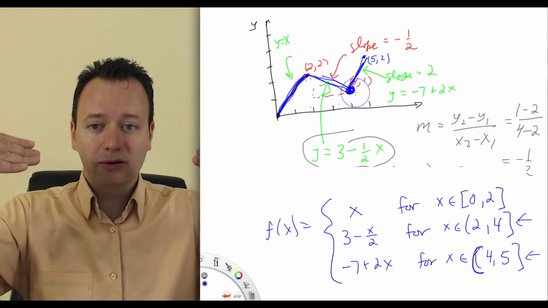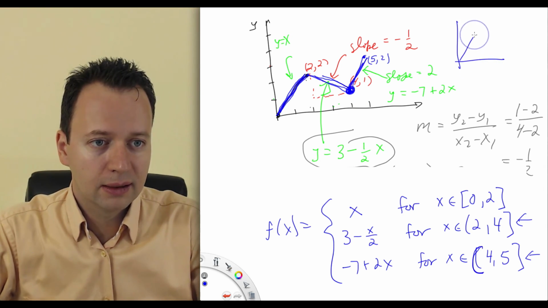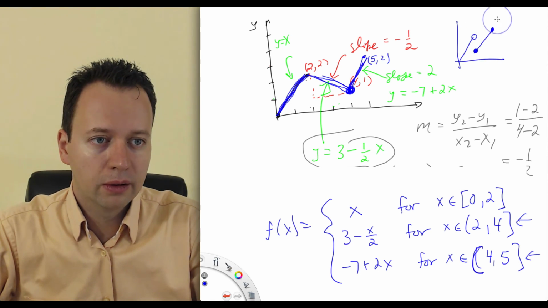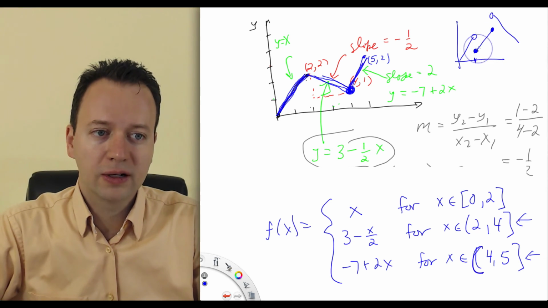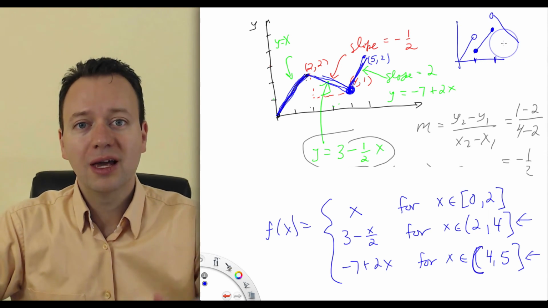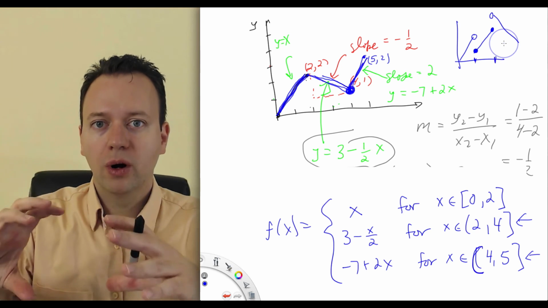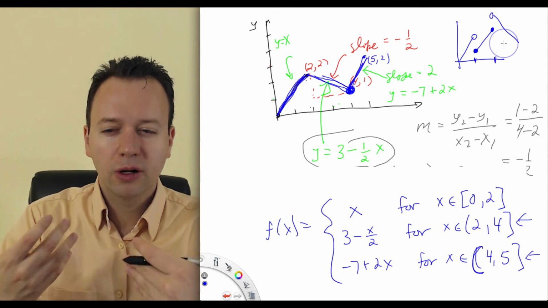Now, if instead of having a piecewise function like that, you had something like this, you have to pay attention to which rule. Here, this point belongs to the second function, and this point here belongs to the second function. It's not included in the first and the third. So here it matters which one you make an open or a closed interval, and on which side. So just make sure to pay attention to that.